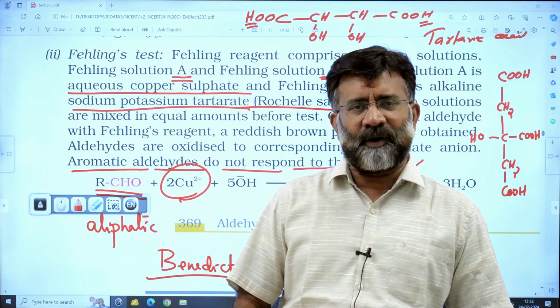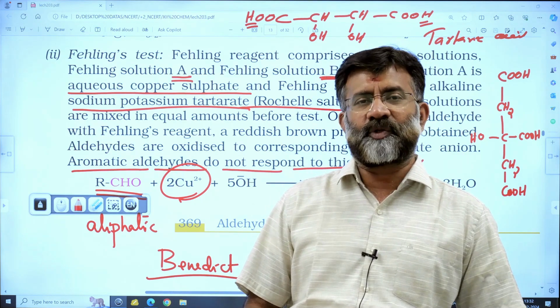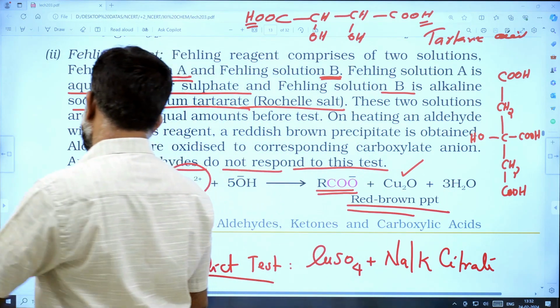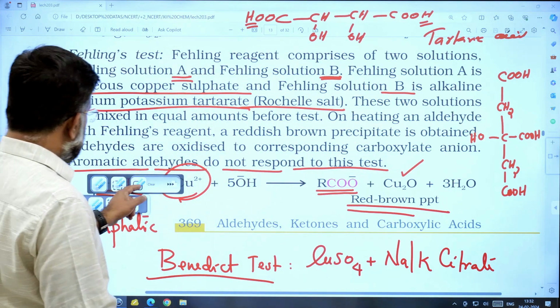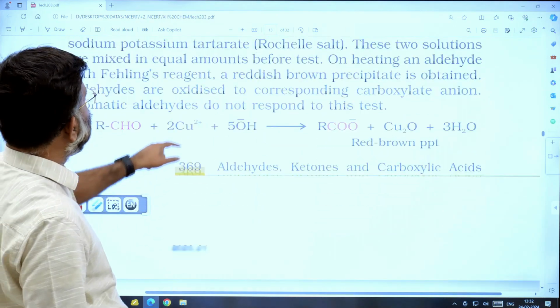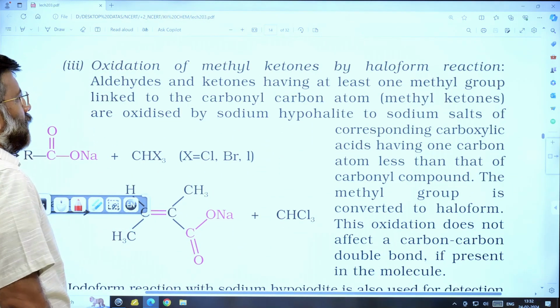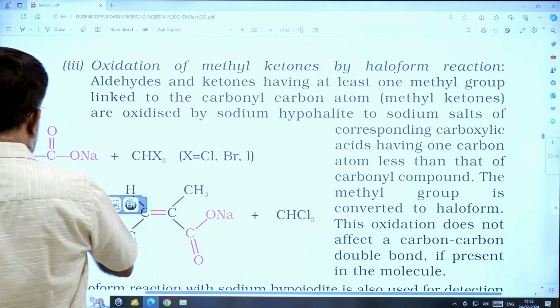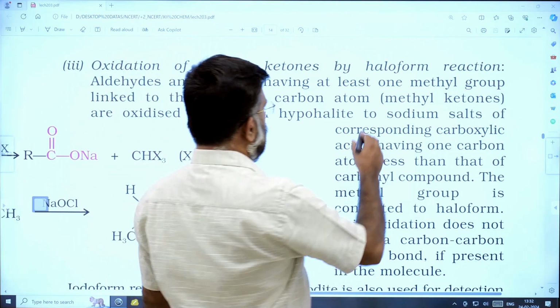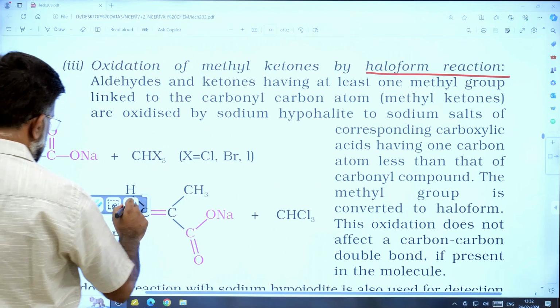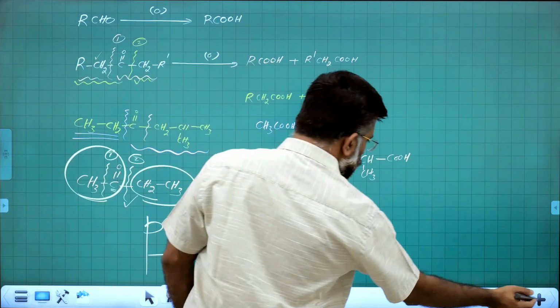The Benedict test is not in the textbook, while Felling's test is available in the textbook. That's about oxidation reactions. Now we have a special oxidation of methyl ketones, the haloform reaction, a very, very popular reaction in organic chemistry.